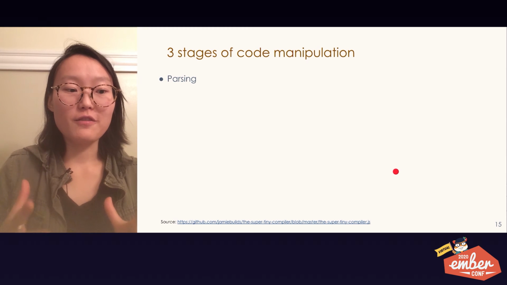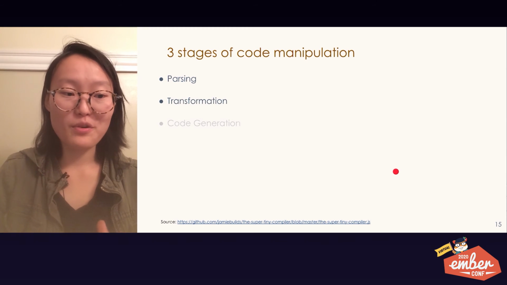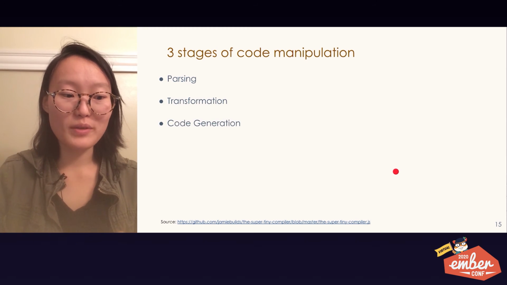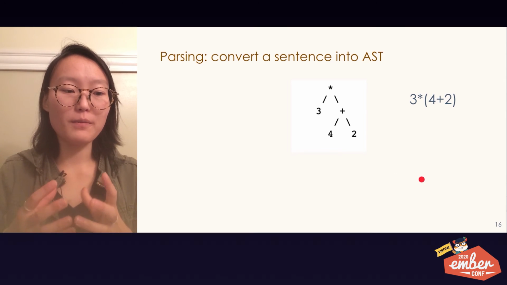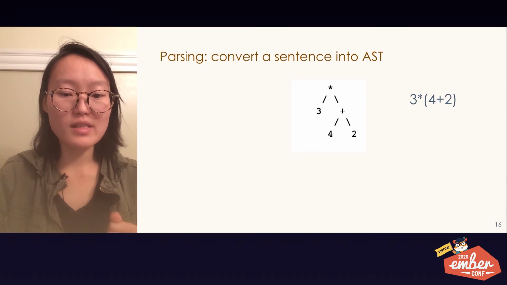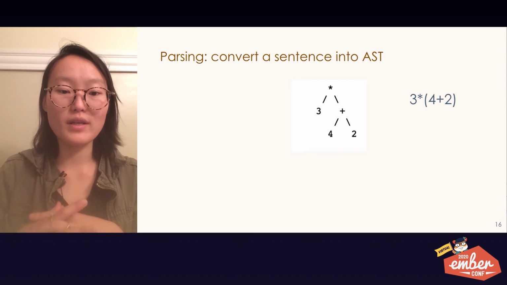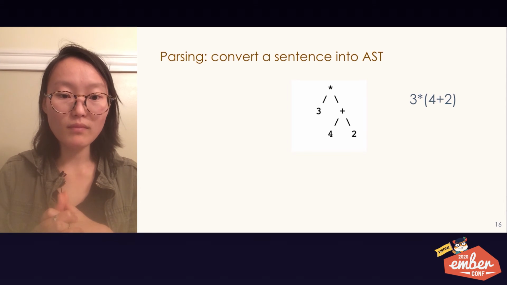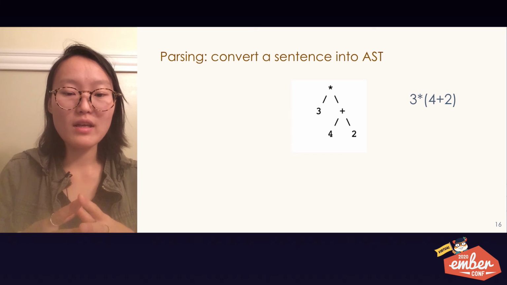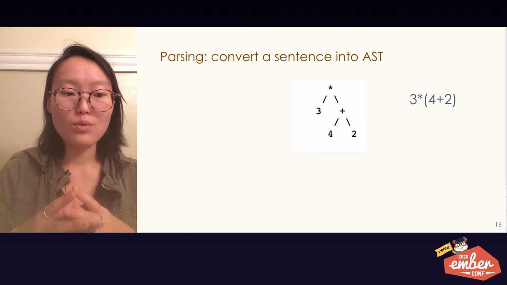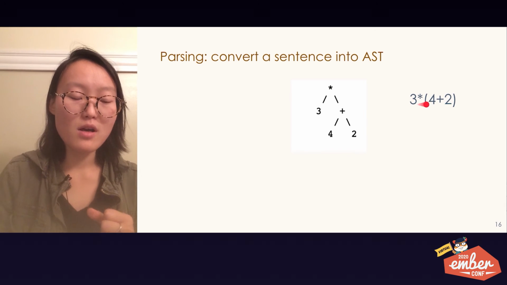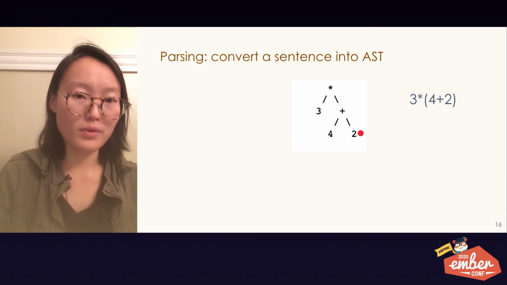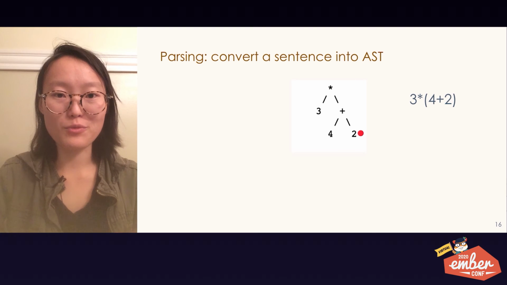The first stage of code manipulation is the parsing process, which I'm going to get into soon. You can think of parsing as the process of converting a sentence to an abstract syntax tree. In order to make this happen, we first need to know what lines we're reading. For example, to convert 3 times 4 plus 2, as a machine you have to finish reading it.